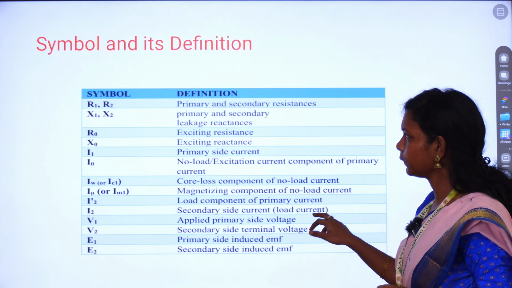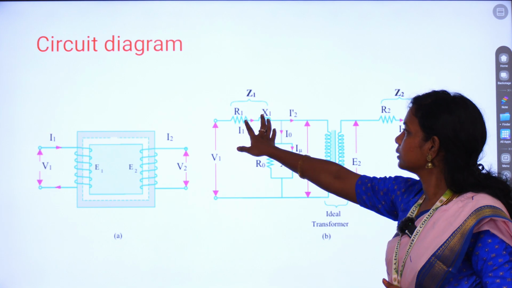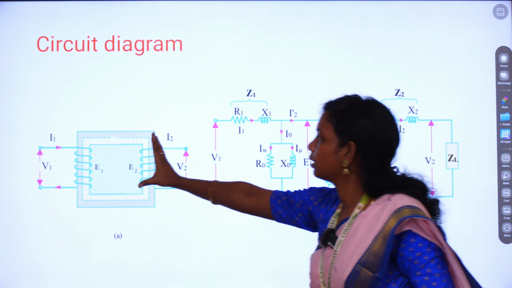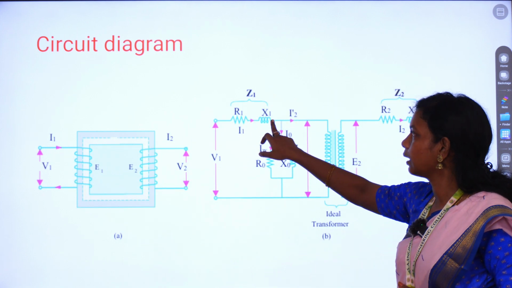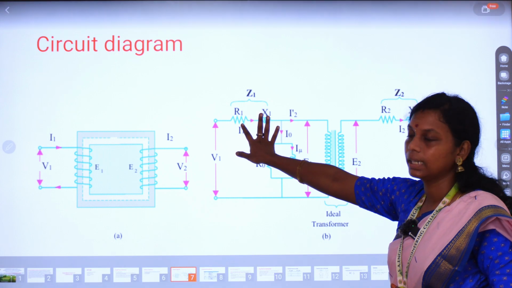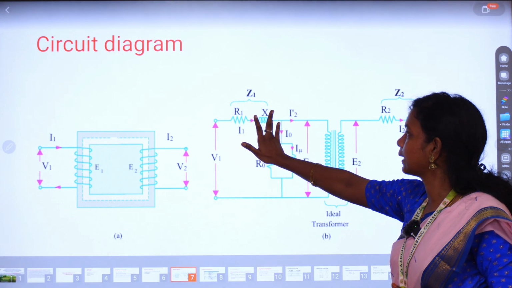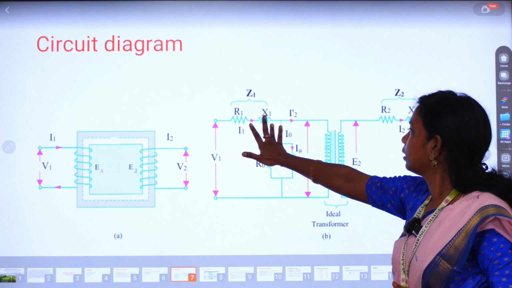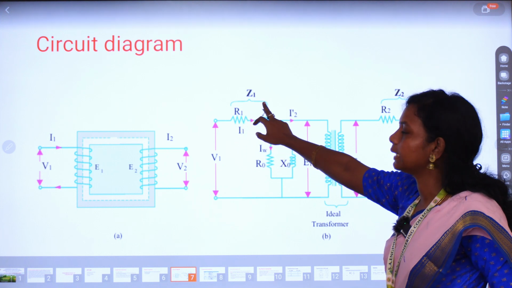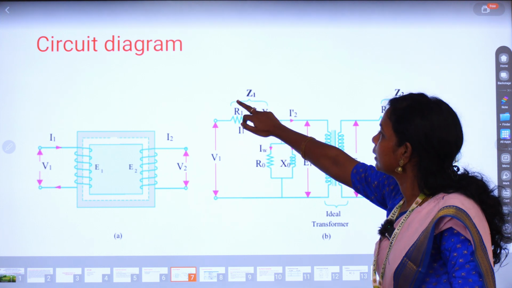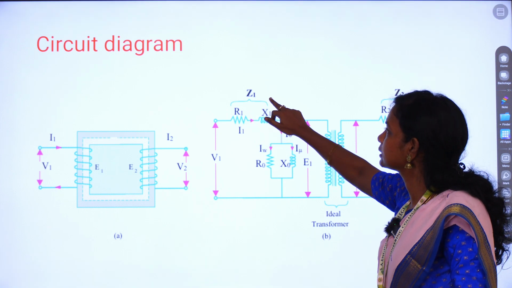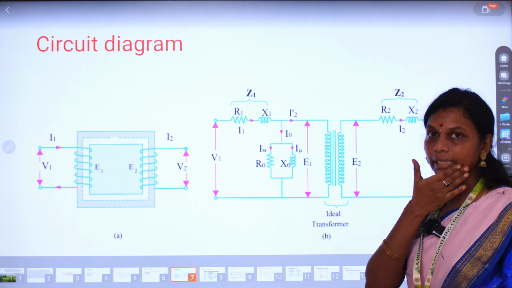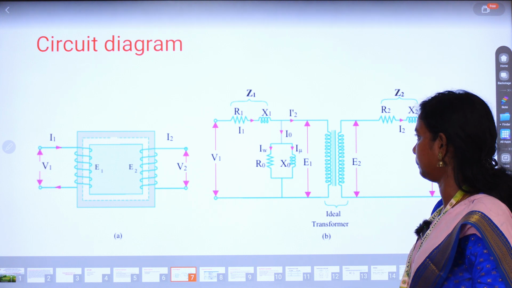Okay. What are the terms which will be representing the primary side alone? First one, R1, X1. R1 is the primary resistance and X1 is the reactance of the primary side. And what is Z1? R1 plus jX1 is known as the impedance, that is the primary impedance.